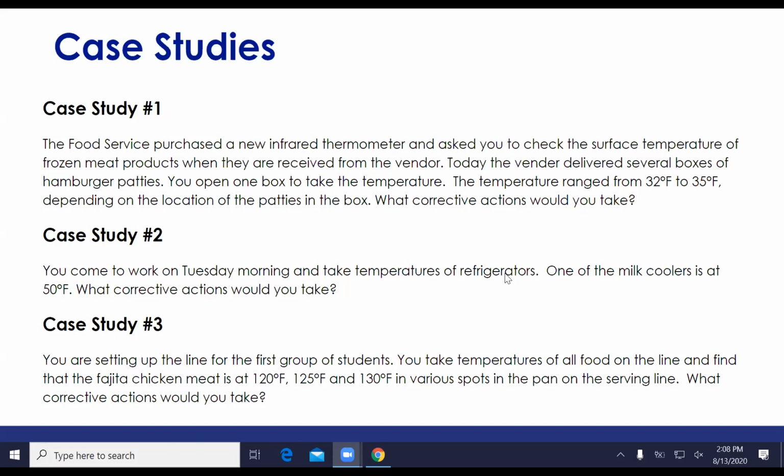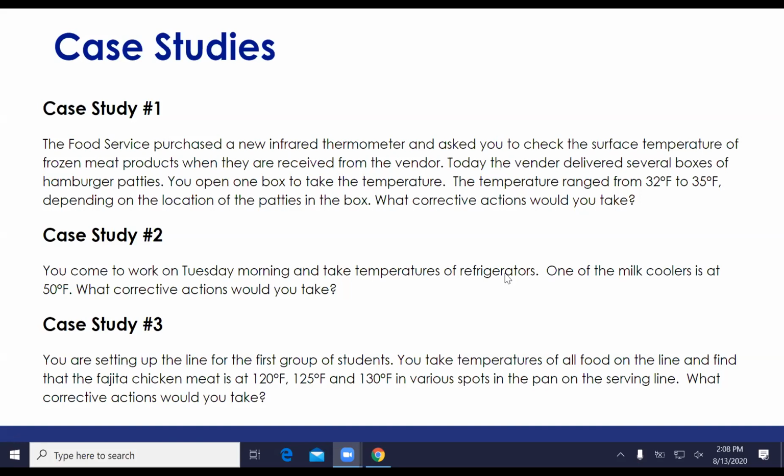That person may take the following corrective actions. Reject the delivery. You can accept the delivery if the patties are determined to be solid to the touch, because despite the temperature, if it's solid, it means it hasn't thawed. But if you get an indentation in it, that means it is in the process of thawing.